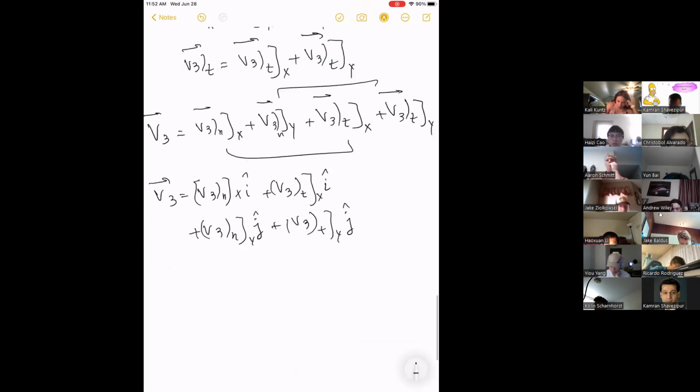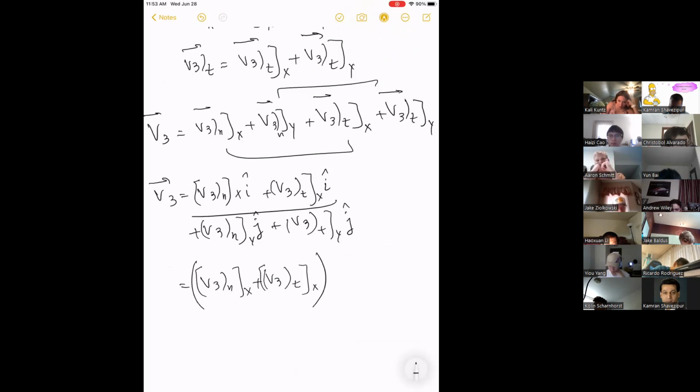Then if I get them together, you're going to get V3NX plus V3TX, i, plus V3NY plus V3 tangential, the Y component, j.